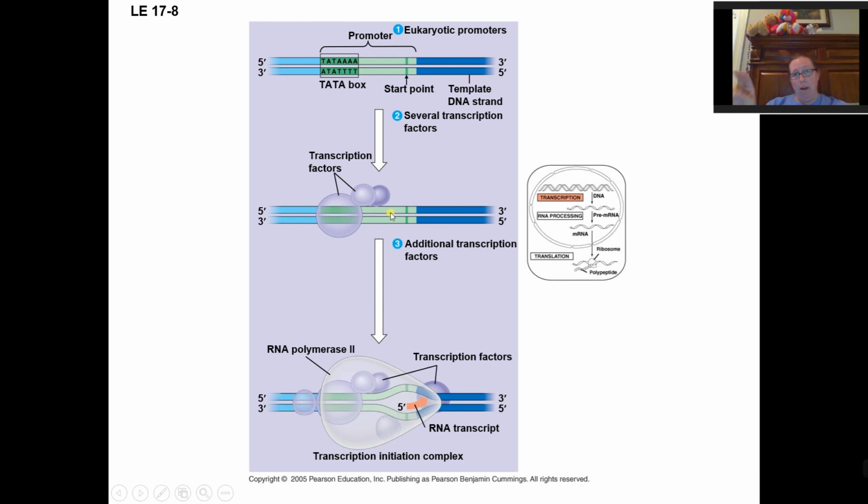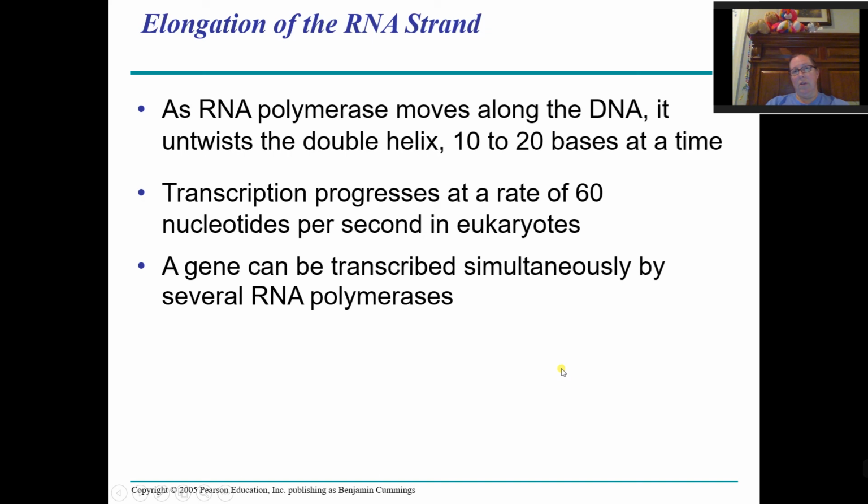This is not an easy process, but it's just trying to show you. And then you have that exact same picture, with your RNA polymerase right there, this big old guy. You've got some transcription factors. These are helpers, and they help get things started and move along.